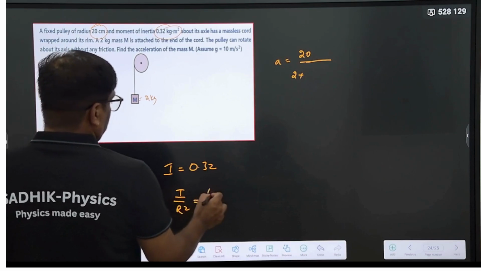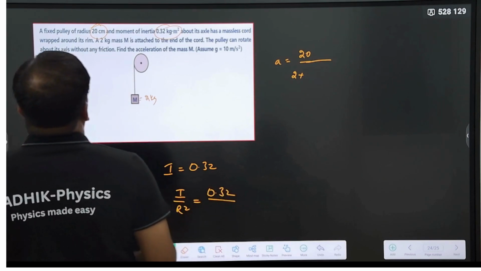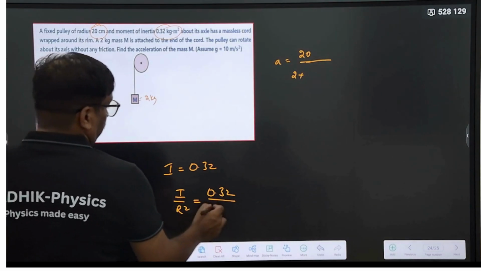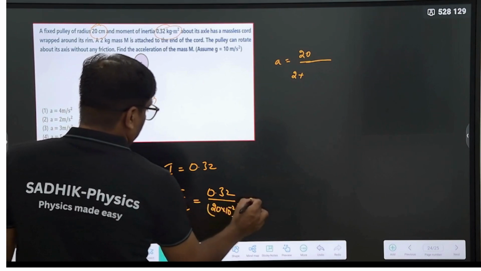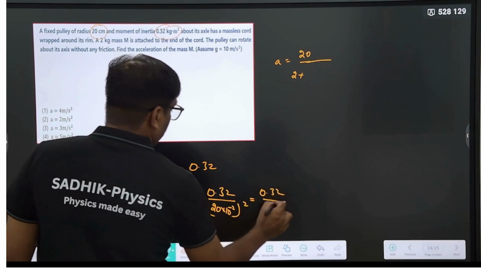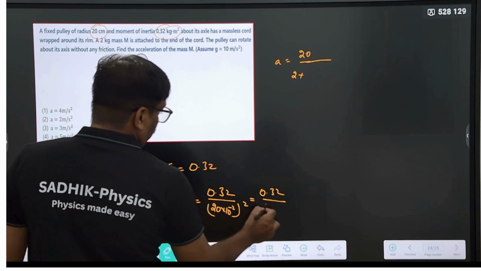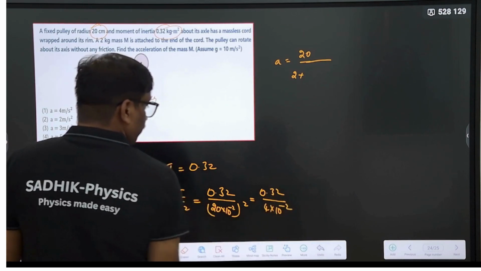I is how much now? 0.32 divided by r square. R is how much now? 20 centimeter, 20 into 10 to the power of minus 2, whole square. Therefore 0.32 over 4 into 10 to the power of minus 2.